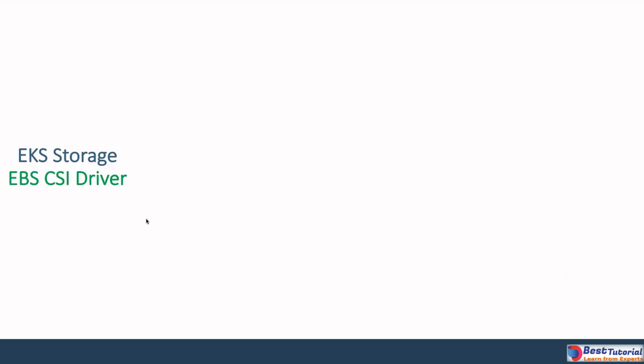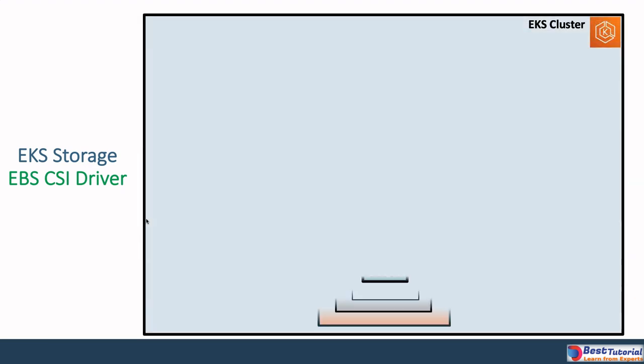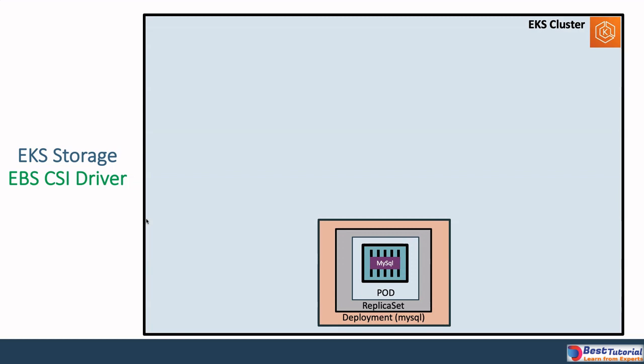Now let's see what we are going to build at a high level. In an EKS cluster, we are going to create a deployment, which is the MySQL deployment. For this MySQL deployment, we are going to leverage Elastic Block Store for the volume mounts, which means for this MySQL database, we are going to use data volume mounts from Elastic Block Store.